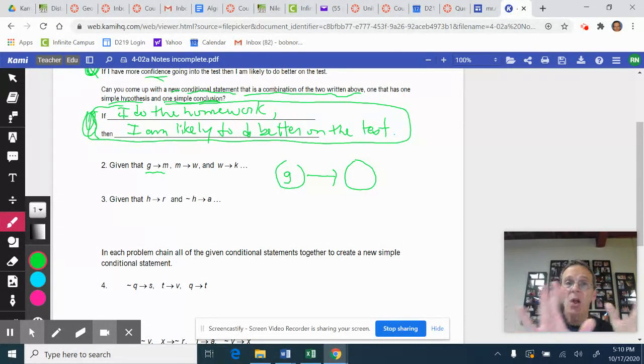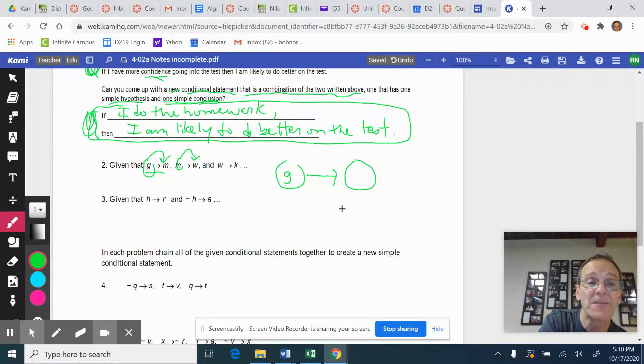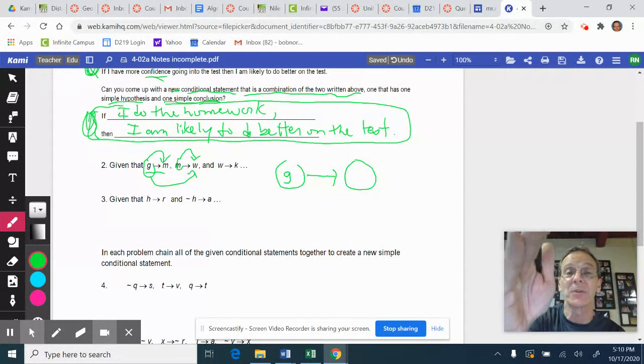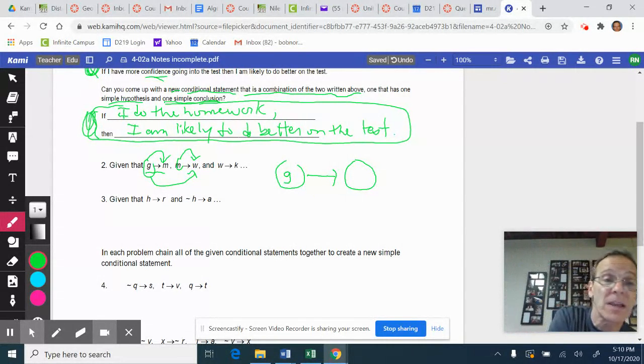Because pushing this first one tipped the second one, which tipped the third, which tipped the fourth, and so on. But we're just putting all of that together and saying, so if I tip the first one, then the last one's guaranteed to fall, right? So this first condition tips this. And then that tips that. So if G, then W. G is guaranteed to lead to W because G leads to M and M leads to W. So cross out the M's.